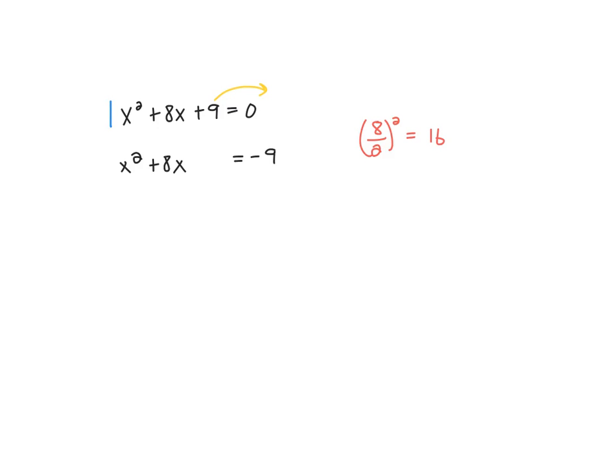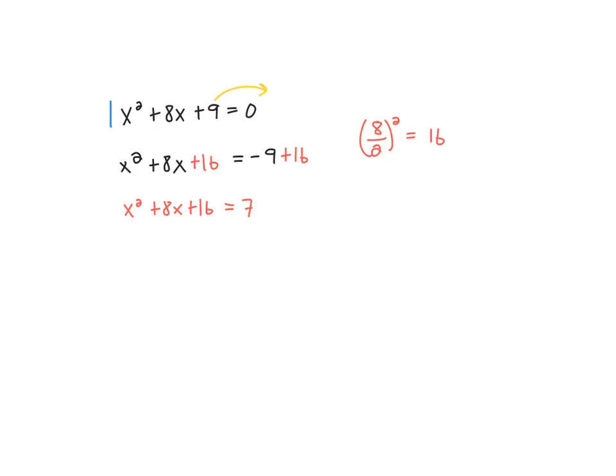So that's what I'll add to both sides, plus 16. All right, that will give me x squared plus 8x plus 16 equals 7.